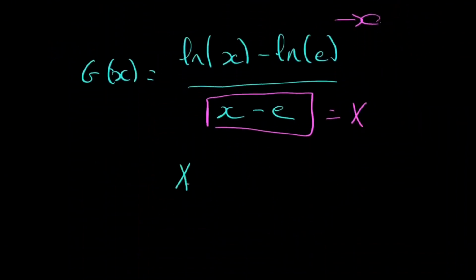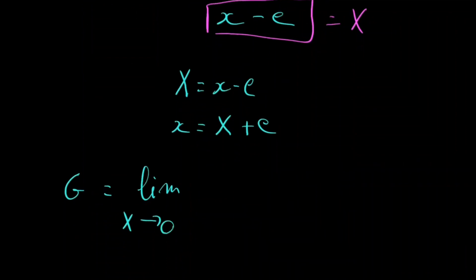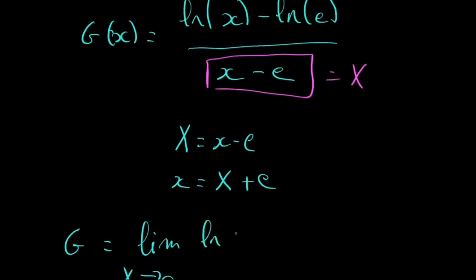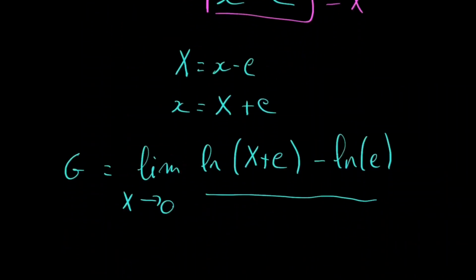So if capital X is equal to x minus e, that means that little x is equal to capital X plus e. And so now g is equal to the limit when little x tends to e, so capital X tends to 0, of (logarithm of (X plus e) minus logarithm of e) over X.